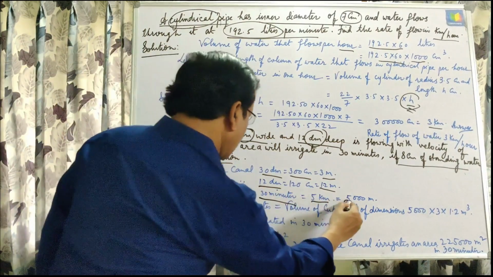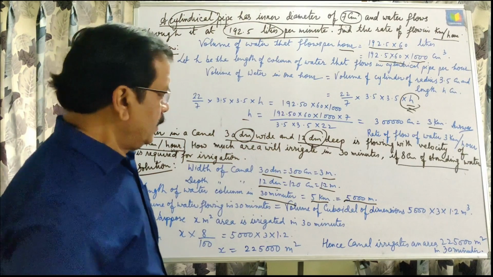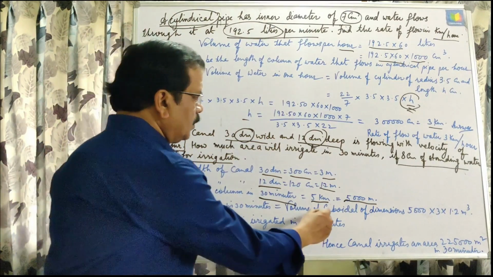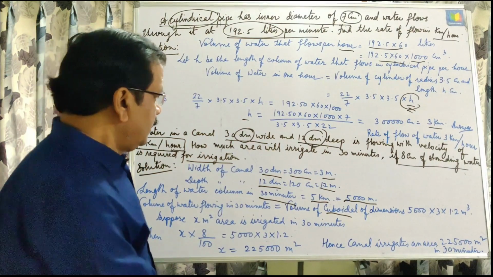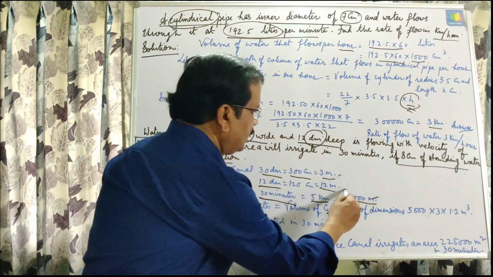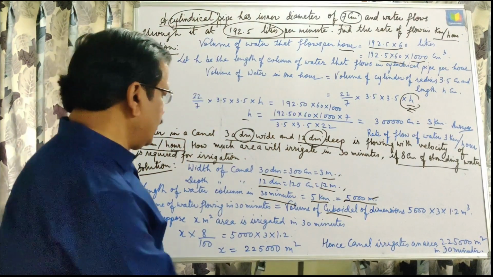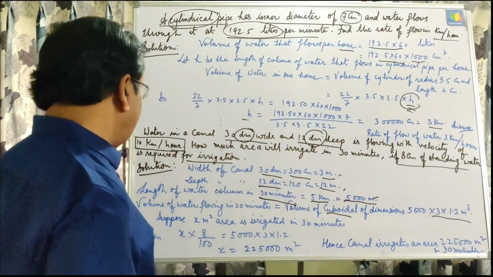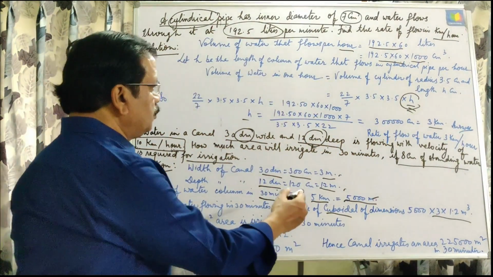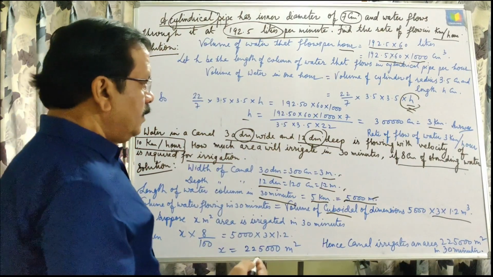or 5000 meter. Then the volume of water flowing in 30 minutes will be equal to the volume of this cuboid, with this length, breadth and height. After multiplying we get the volume of this cuboid, and then this will be equated to the volume of the area irrigated by this water.